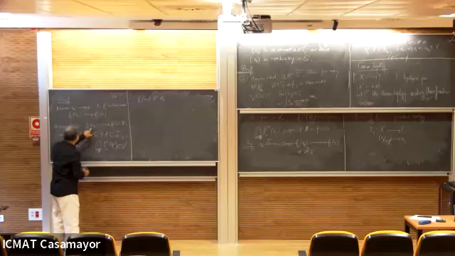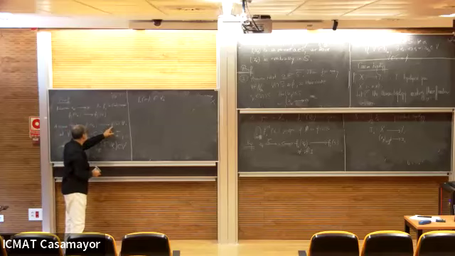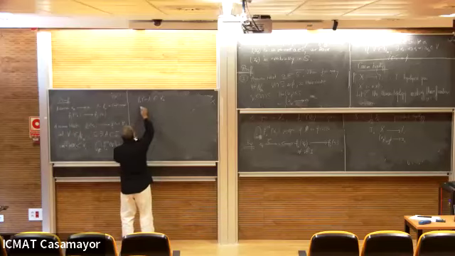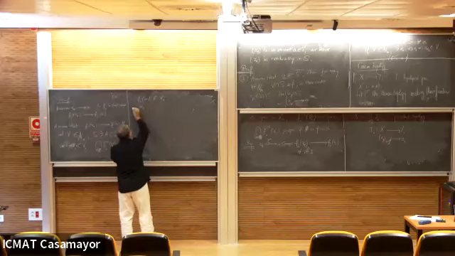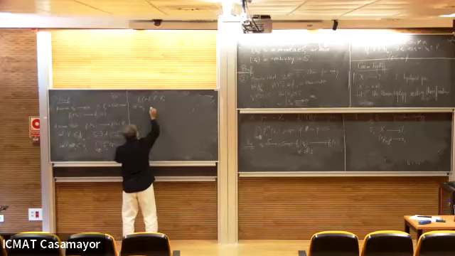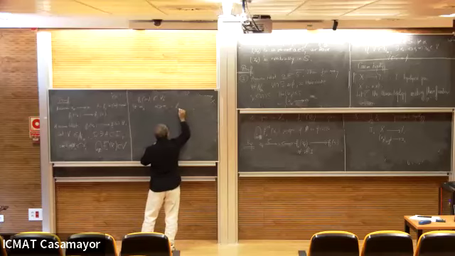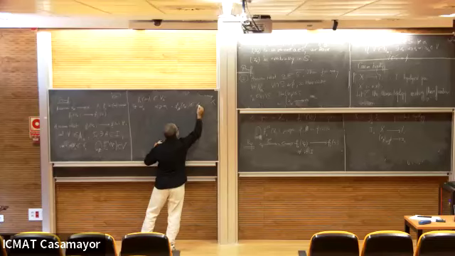Now, as f_i of x_alpha converges to f_i of x, then we can find alpha_i such that for alpha more or equal than alpha_i, we have f_i of x_alpha belongs to V_i.